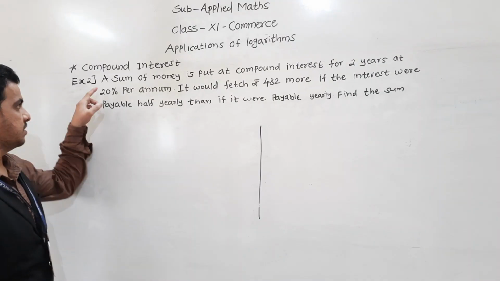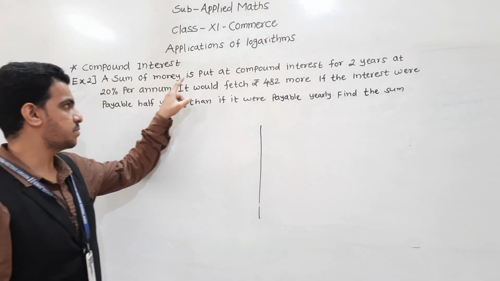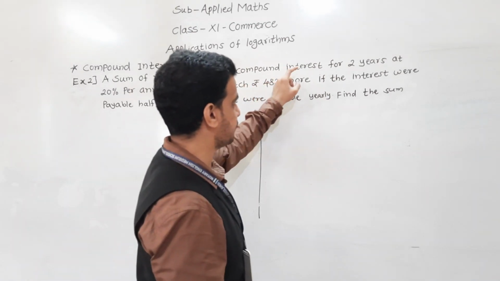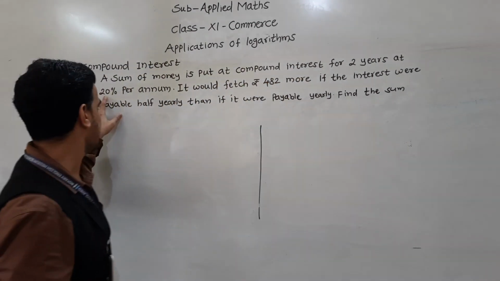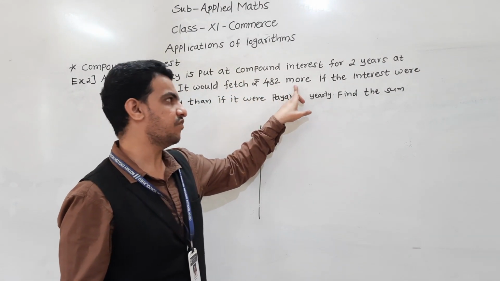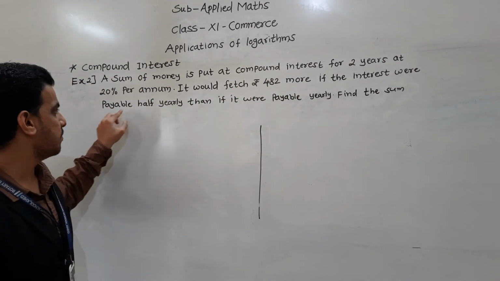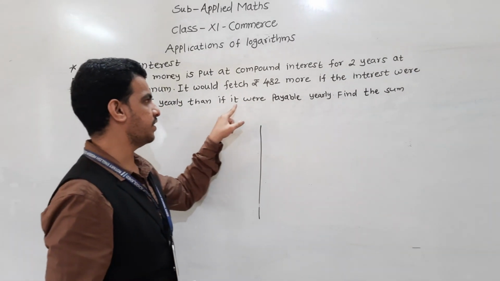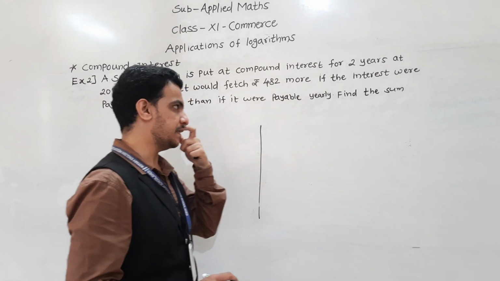Second example is: a sum of money is put at compound interest for 2 years at 20% per annum. It would fetch rupees 482 more if the interest were payable half yearly than if it were payable yearly. Find the sum.